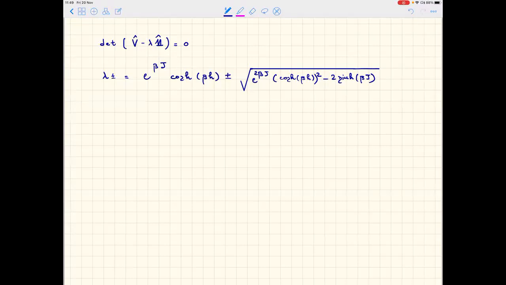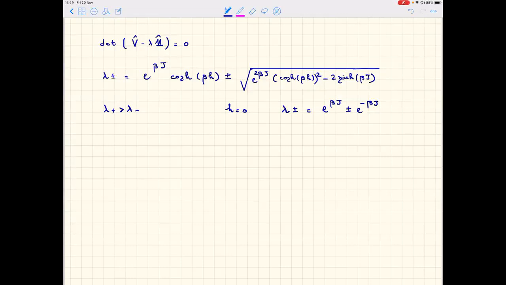Now, lambda plus is in absolute value greater than lambda minus. In particular, when h is equal to 0, lambda plus and minus is equal to, if you do the calculation quickly, e to the beta j plus and minus e to the minus beta j. So this is what comes out.